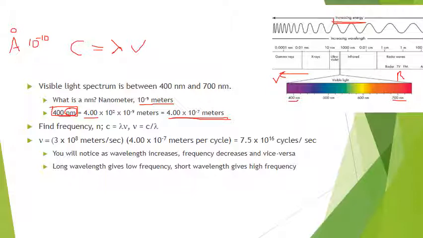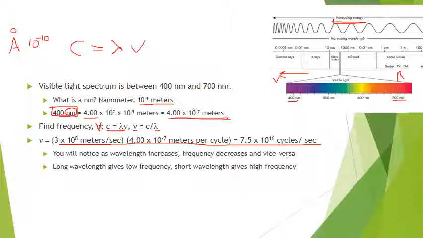So let's say I want to find the frequency of this wavelength. I'm given this equation. c is constant, so the frequency nu is equal to c divided by the wavelength. I plug everything in, and I get the frequency is 7.5 times 10 to the 16 cycles per second.